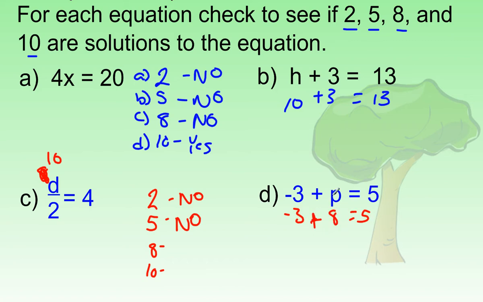Negative 3 plus 8 is positive 5, so yes, that worked. And finally, the 10. Negative 3 plus 10 gives us a positive 7. No, that one didn't work. So this is how you check the solution. It works for these simple little itty-bitty equations. It works for wicked hard equations later on.